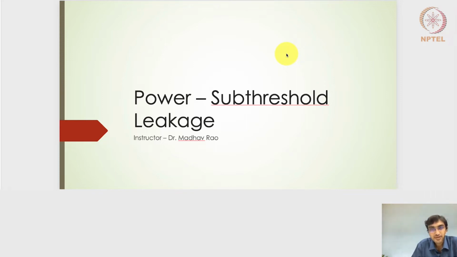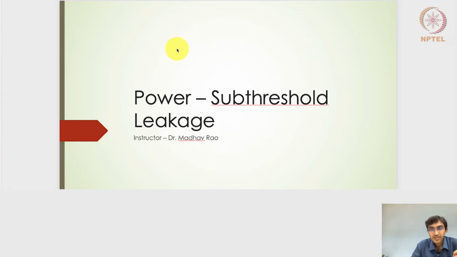Static power, as the name suggests, is when the circuit is in a steady state condition. We assume that when we develop a circuit using the CMOS family of logic circuits, once the output voltage reaches a steady state value, there won't be any power. But that's not the case.